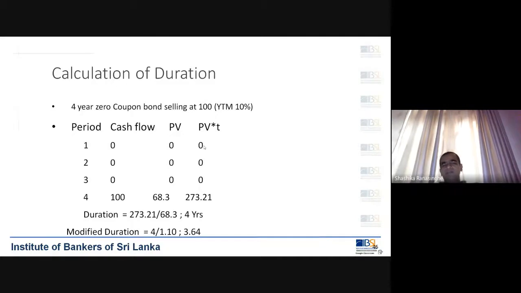See, the face value of this bond is 100. Zero coupon bond, yield is 10%. So the coupon is 0, yield is 10. If it's a zero coupon bond, always the yield will be higher than the coupon. And so if yield is higher than the coupon, this bond should trade at what? Discount, premium, or at par.